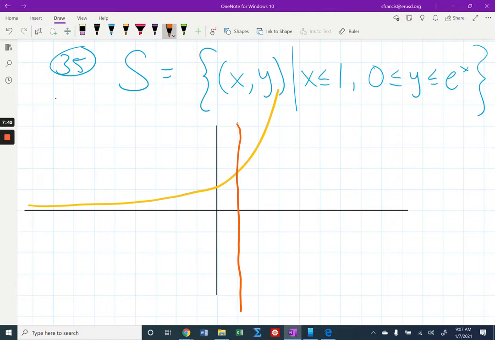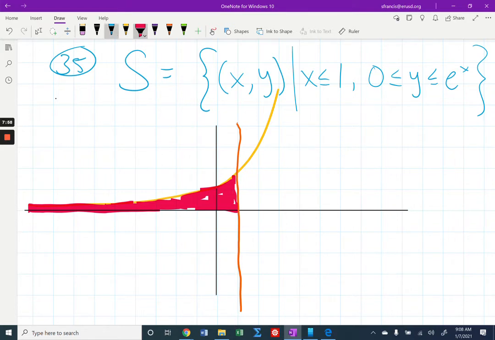So what we're looking for is everything in this region, below this curve and above the x-axis from negative infinity to 1.